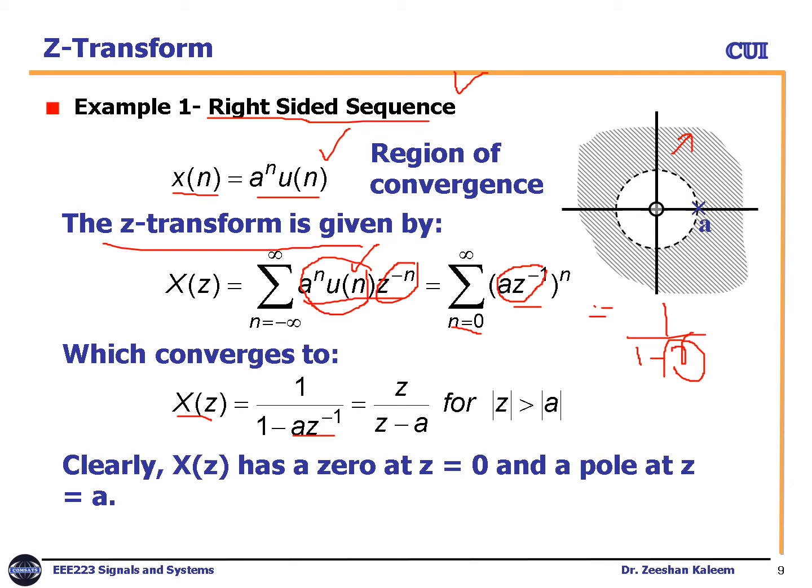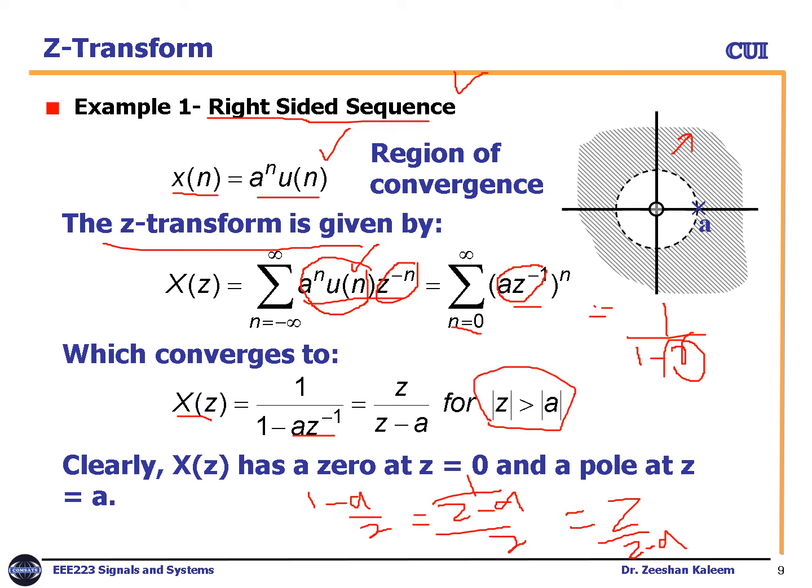By further evaluating, we can write 1 minus a over z. So it is equivalent to (z minus a) over z. So 1 over (z minus a)/z is equivalent to z over z minus a, and the condition here should be |z| greater than |a|.